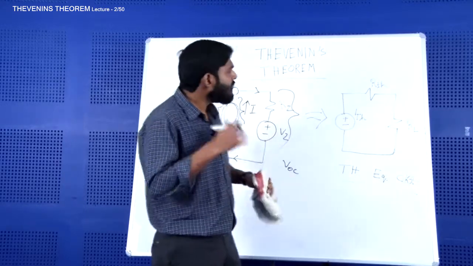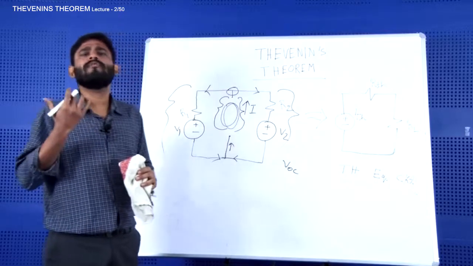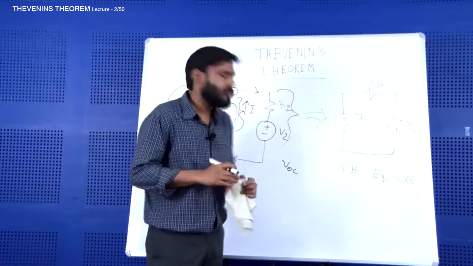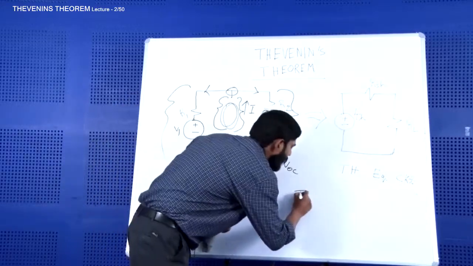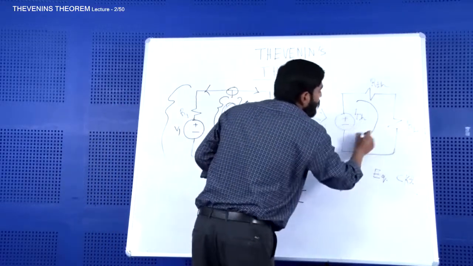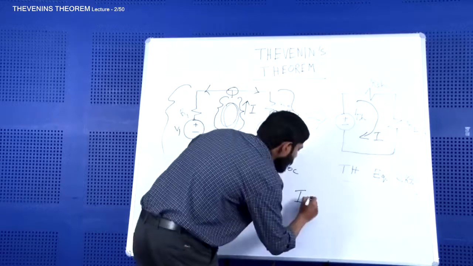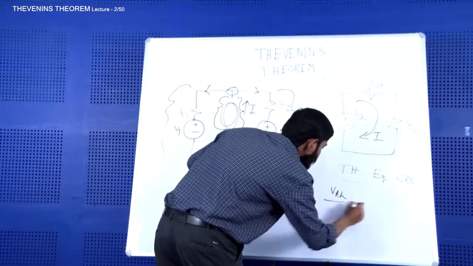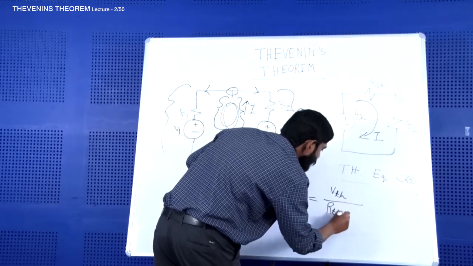Now if you need to calculate what amount of current is flowing through this resistance RL, it's a very simple task. The current I flowing through this is equal to VTH divided by RTH plus RL.